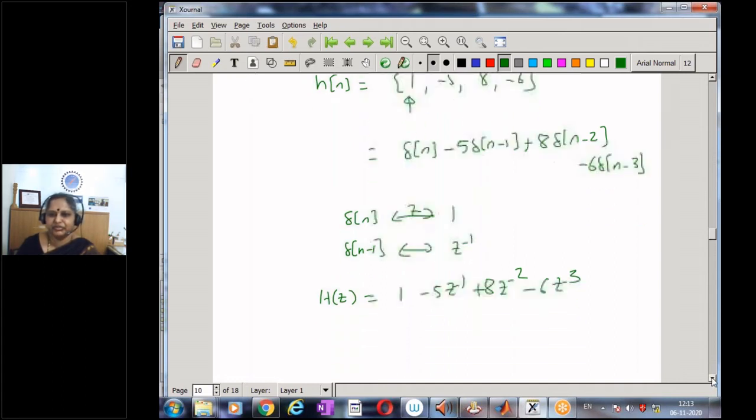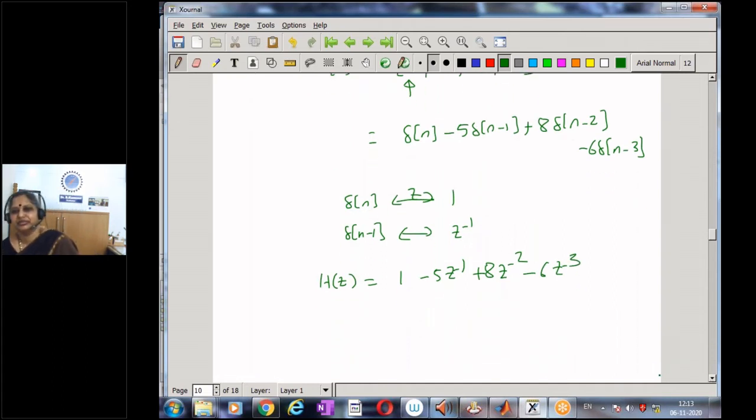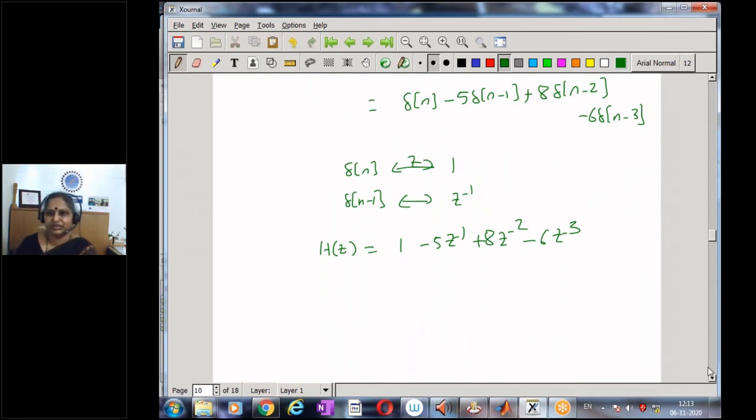So this is our Z transform of the given system.